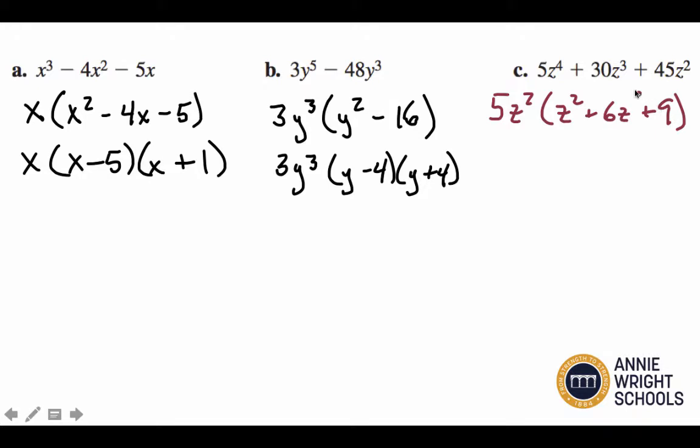What are the factors of 9 that add to 6? Noticing this is of the form a squared plus 2ab plus b squared, you get z plus 3 times z plus 3, or z plus 3 squared. So all the factoring we did in the last unit on quadratics, we need to remember, because we could also get that by taking out common factors.